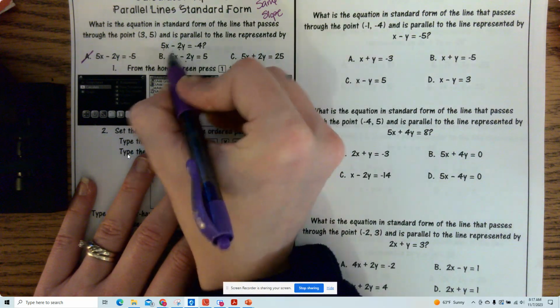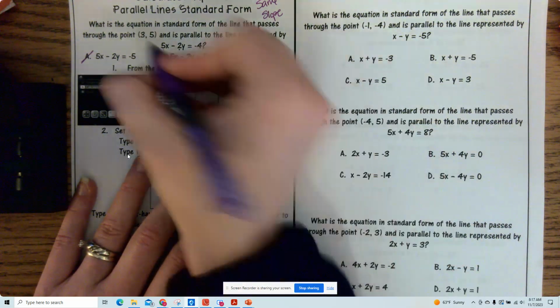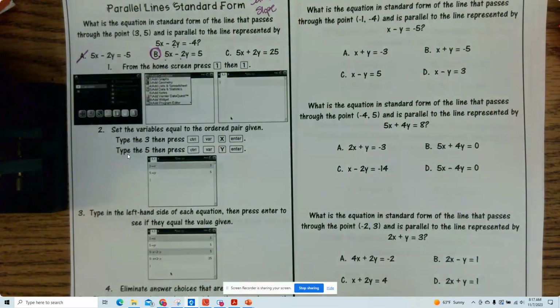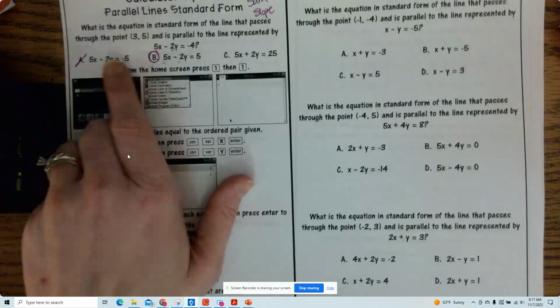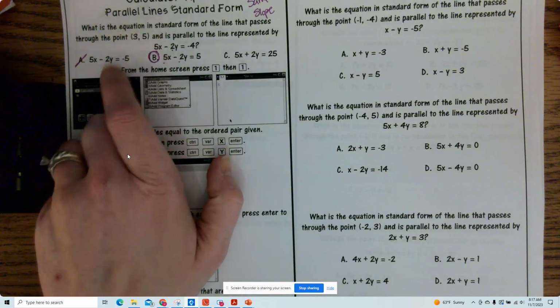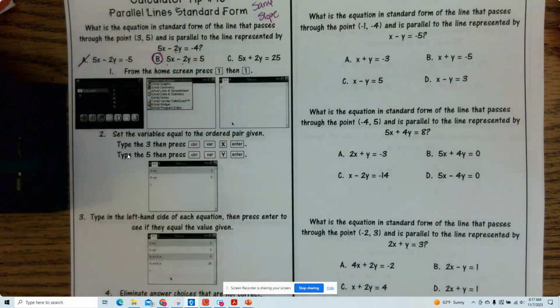So they have to be the same number. They have to be the same sign. But that's how you can tell in standard form if they're parallel, if the a and b values are identical. So this one is parallel, but it doesn't go through the point that I need. So it's got the same a and b values.